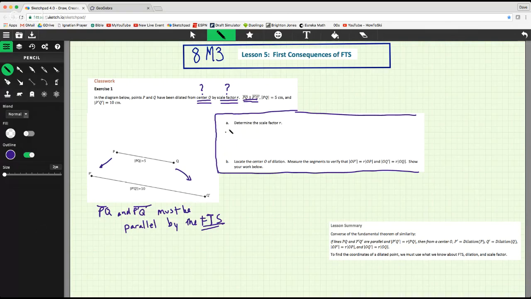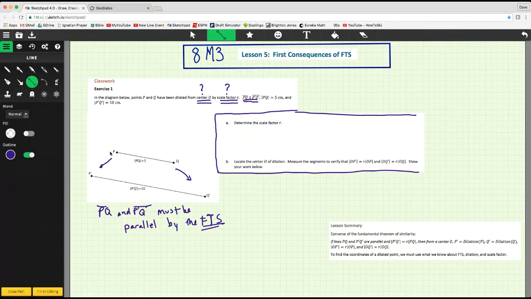So now the question is, let's try to find this center O. Well, one thing I know is that if I dilate point P to P prime, it must be along a line. The center O has to be on a line backwards from P to P prime.